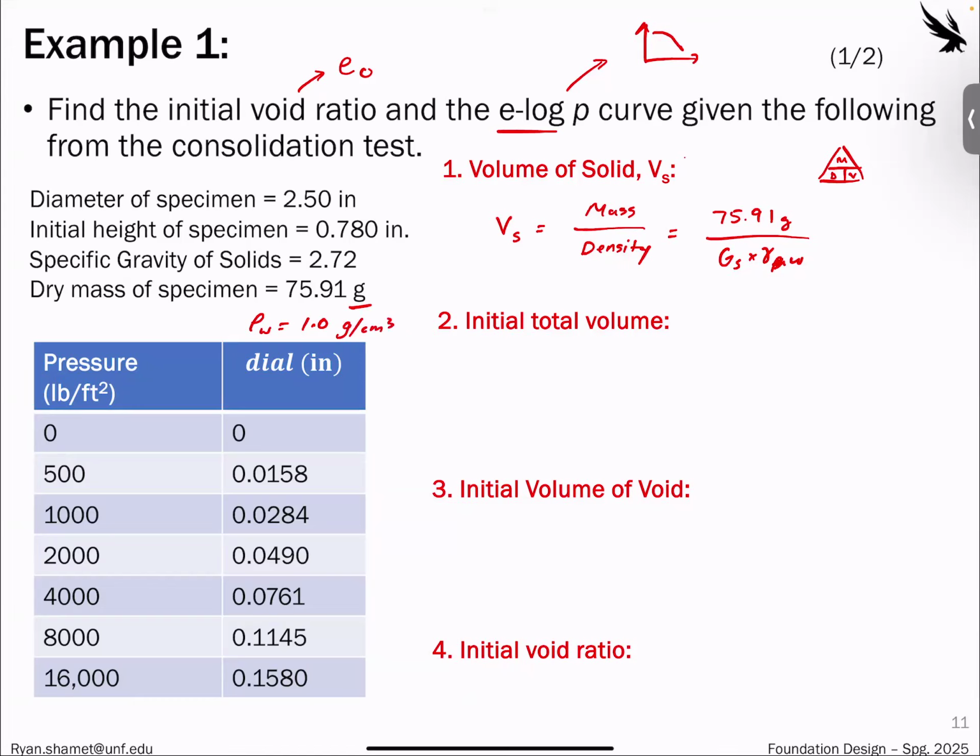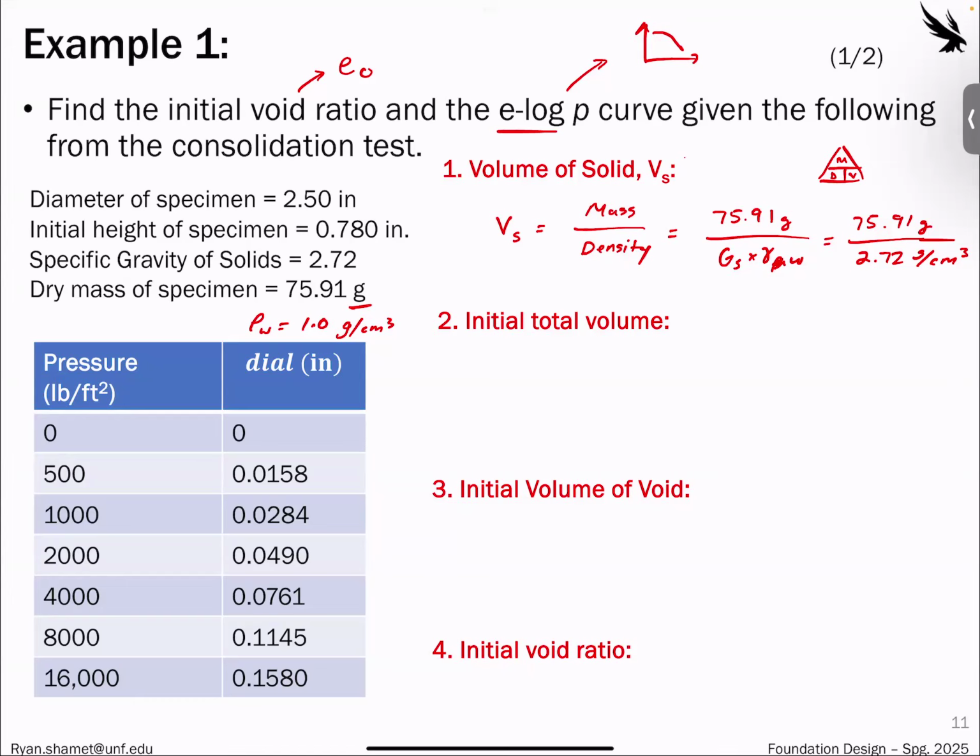It's the beauty of non-US units. So that means that this is 75.98 grams divided by 2.72 grams per cubic centimeter. I don't know why they measure in grams, and everything else is in inches, but we'll convert that over a little bit.